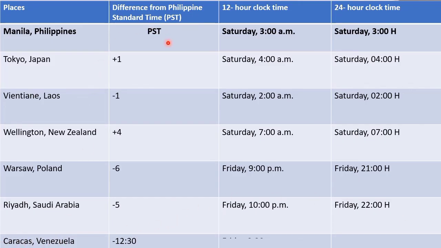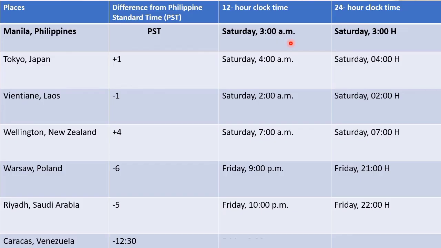Next is Caracas, Venezuela. So, ang difference niya from Philippine Standard Time is -12:30 or behind ng 12 hours and 30 minutes si Caracas, Venezuela sa Manila, Philippines. So, mag-subtract tayo, Saturday 3 a.m. Then, bilang ka pabalik, magbawas ka ng 12 hours and 30 minutes.